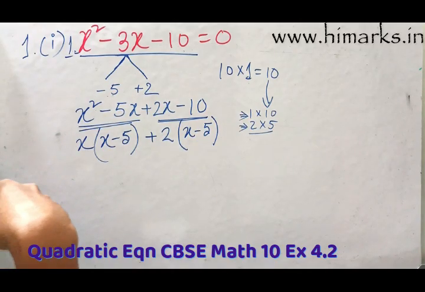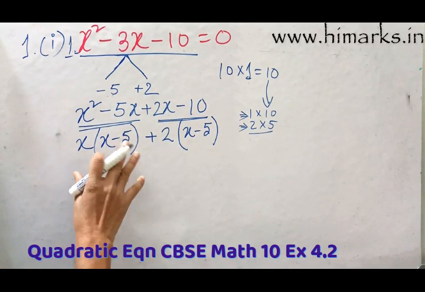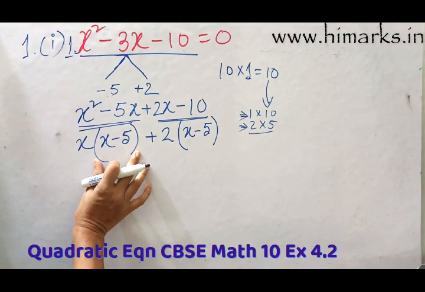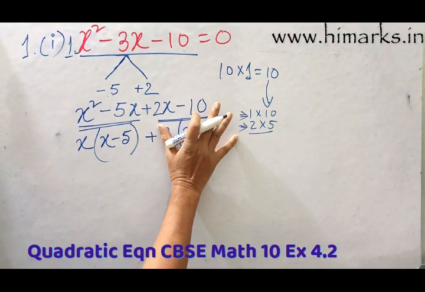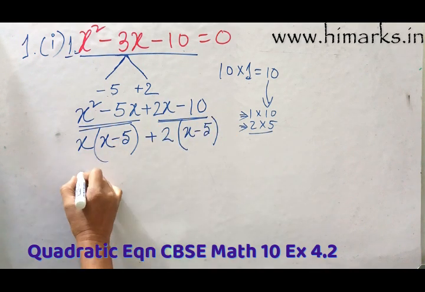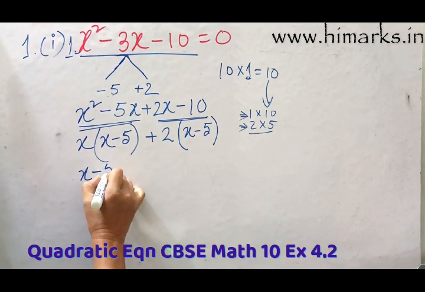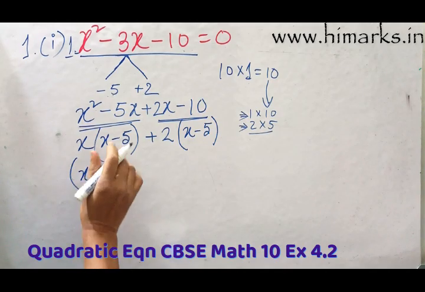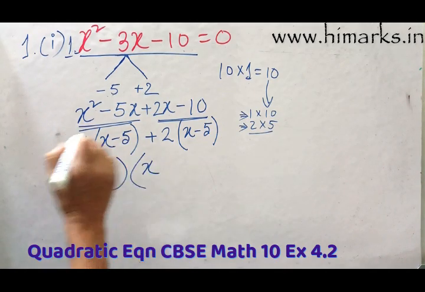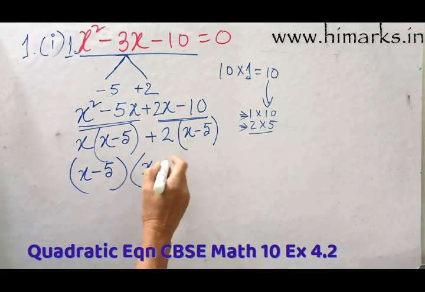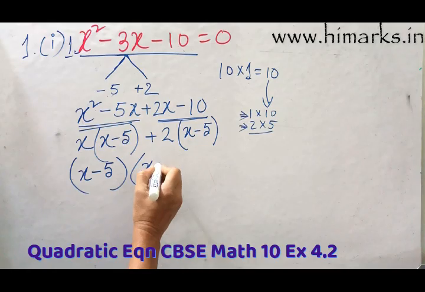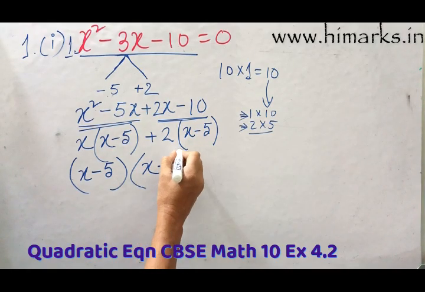And you see that in both places, between this part and this part, x minus 5 becomes common. So now this common part you take out. If you take it out, then x remains, and from the other group, if x minus 5 is taken as common, only 2 remains.